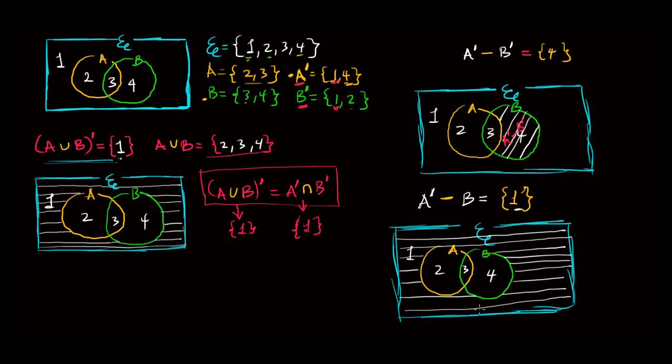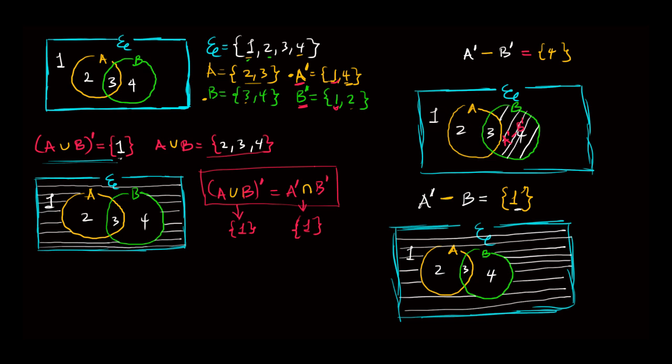Now you notice something here: A prime intersect B prime, that's A complement intersect B complement, is still the same thing as A complement minus B. You see, using Venn diagram, you can visualize so many things.